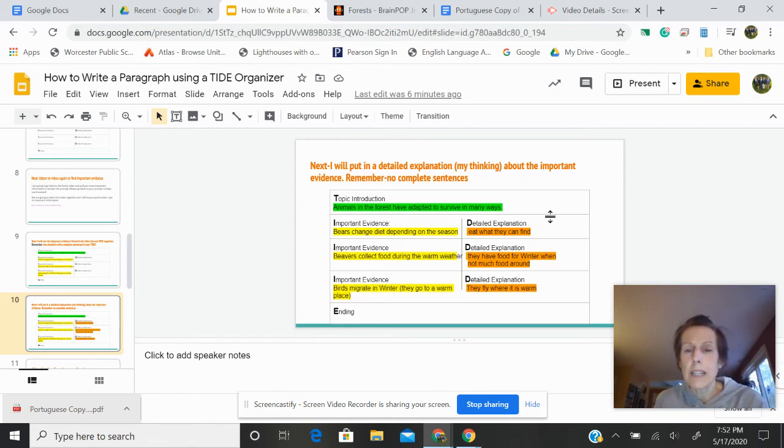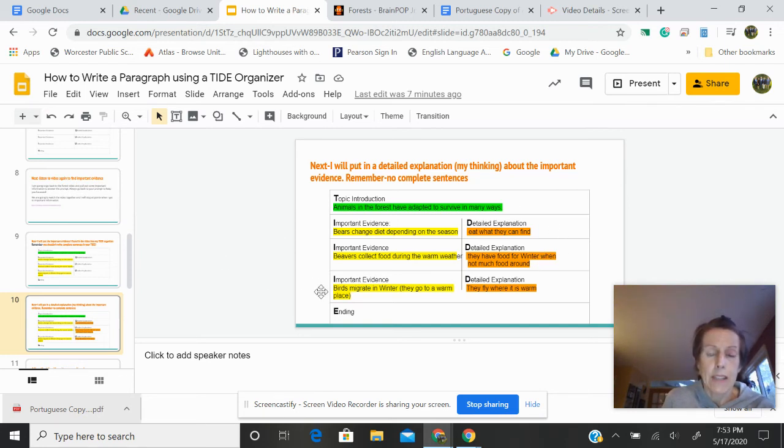So what Mrs. Leary did, the important evidence was that bears change their diet depending on the season. My explanation of that is that they eat what they can find. Important evidence number 2, beavers collect food during the warm weather. My explanation of that is that now they have food for the winter when there is not much food around.